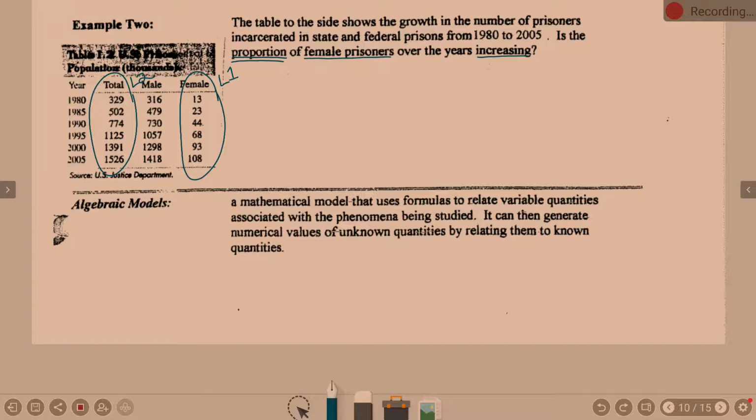So I have my numbers in my L1 column. I'm starting with 329, putting my total numbers in my L2 column. Doesn't hurt to recheck that you typed all your numbers correctly.